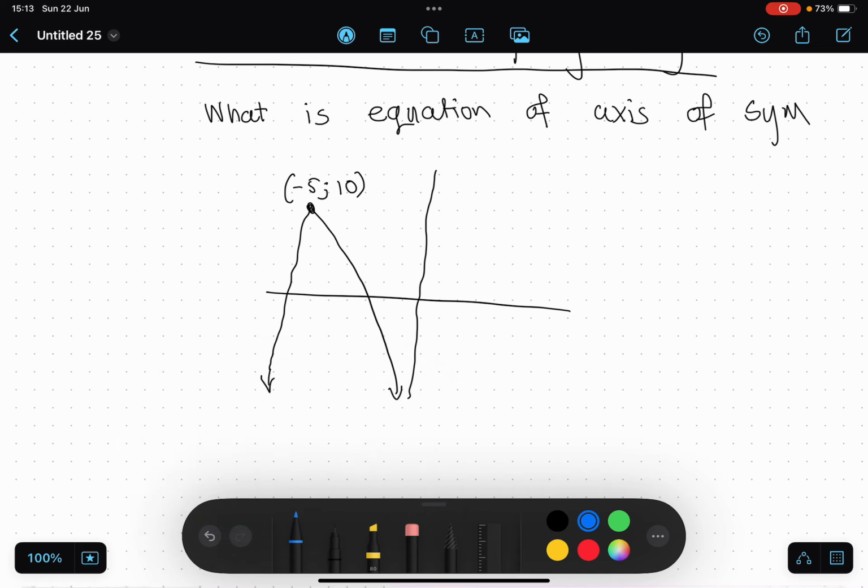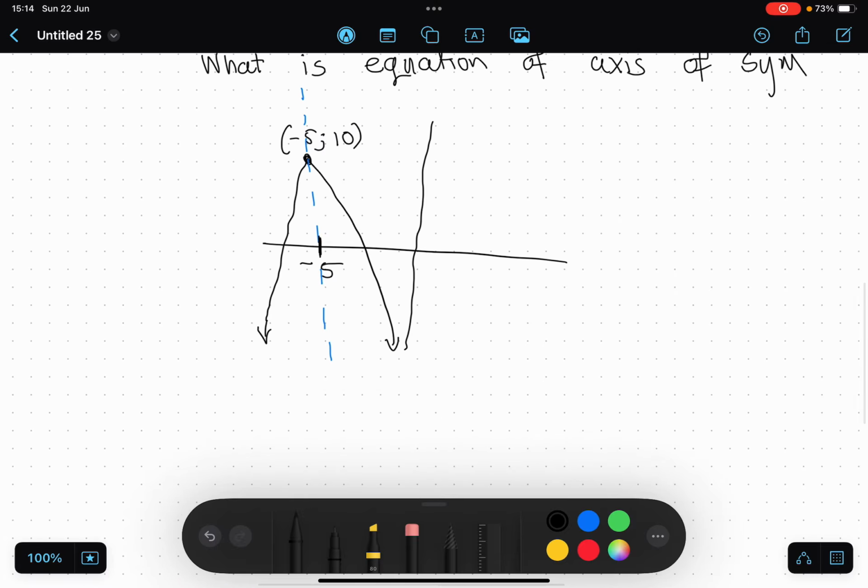It has to be symmetrical. So what we do is basically cut this thing right in the middle, okay? And remember, that is a vertical line.